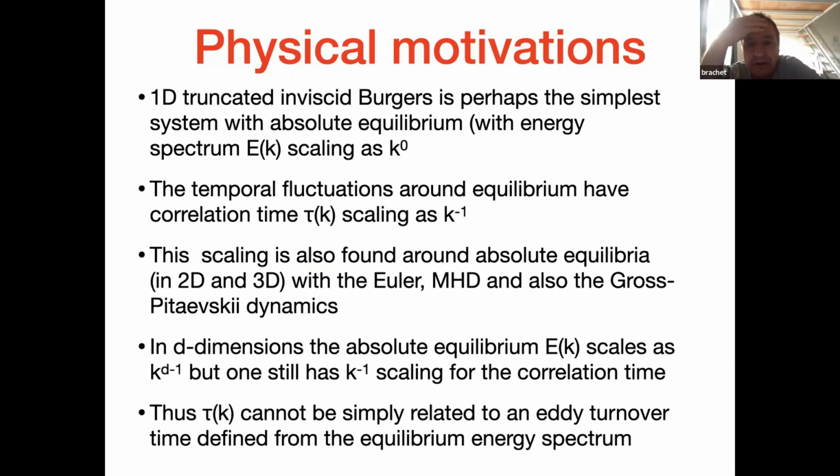It's found in the Euler equation, in the inviscid MHD equation, and also in the Gross-Pitaevskii dynamics. Note that when you are in d dimensions instead of one dimension, the absolute equilibrium, that is the steady state spectrum, scales in space as k^(d-1). But this k^-1 scaling is still the same in all dimensions for the correlation time. Thus, it cannot be simply related to an eddy turnover time.